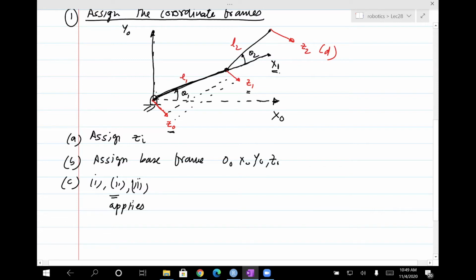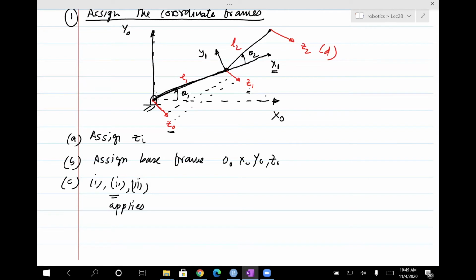Okay, and then if you want to find y1, so that's x1, that's z1. Y1 is simply at right angles to x1, such that x1, y1, z1 form the right-hand rule. Okay, and then we've done this for z0 and z1. In fact, there are just two links here, so we don't have to do more, and that's where 1c ends.